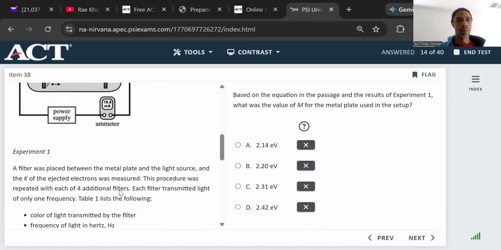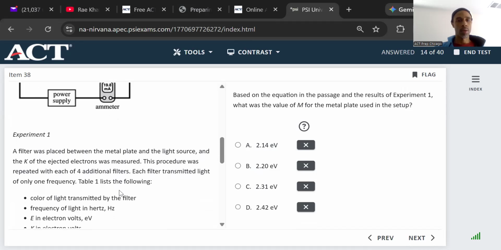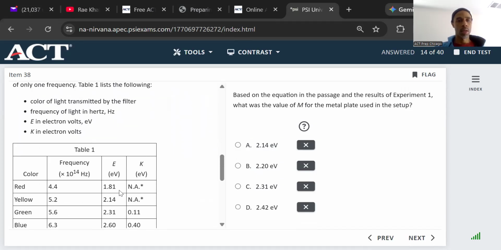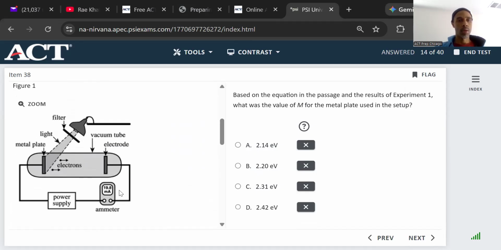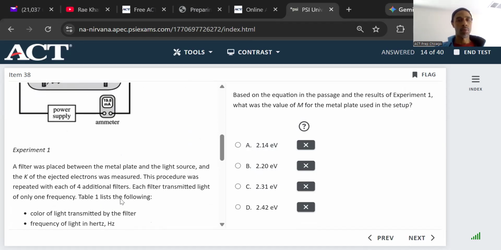You just repeat it for each of four additional filters. The setup included a light source, a removable filter, a circuit with an ammeter to measure current, and a power supply that can be adjusted to measure K in the vacuum tube containing the metal plate and electrode.